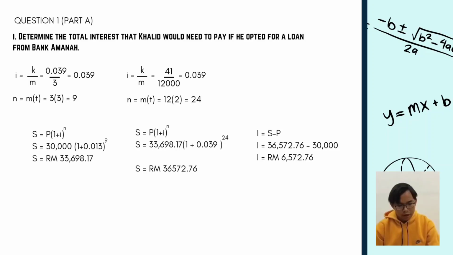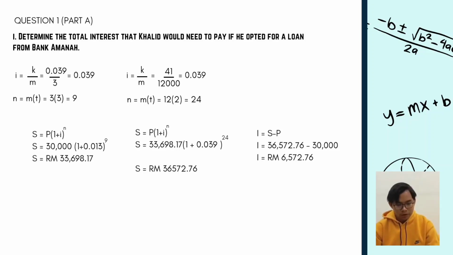And then I equals K divided by M equals 0.041 divided by 12 equals 0.0034. N equals M times T equals 12 times 2 equals 24.